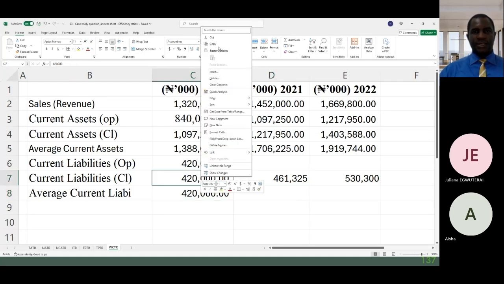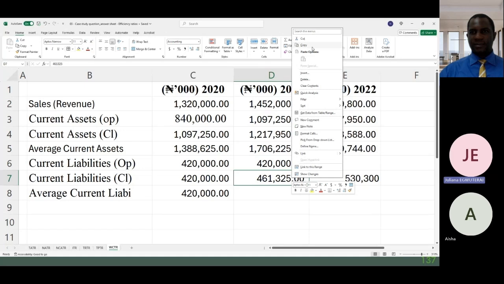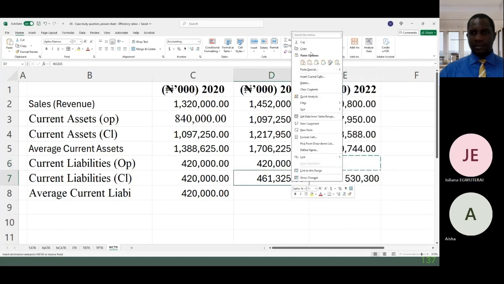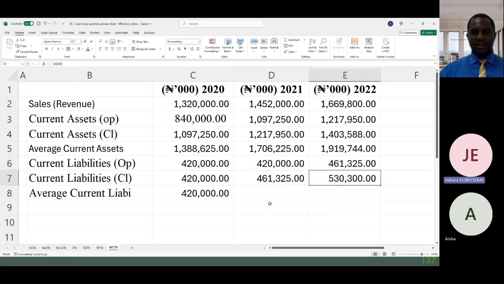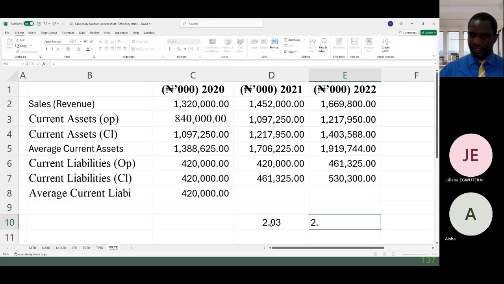Okay, so let me pick this beginning. I have 2.03 and 2.05. Is that what it's supposed to be? Okay, come again. 2.03 and 2.05. Yes.